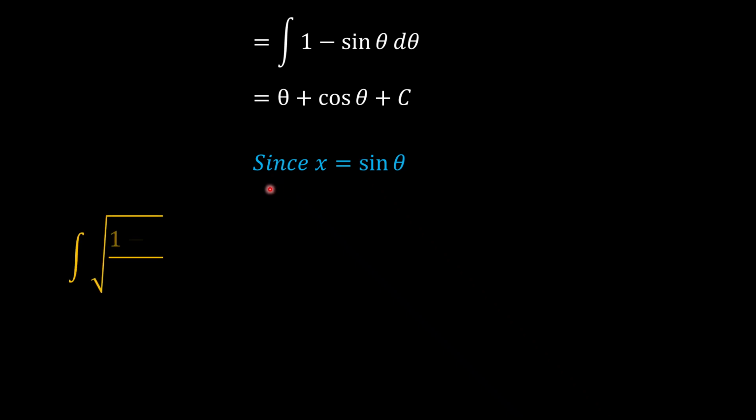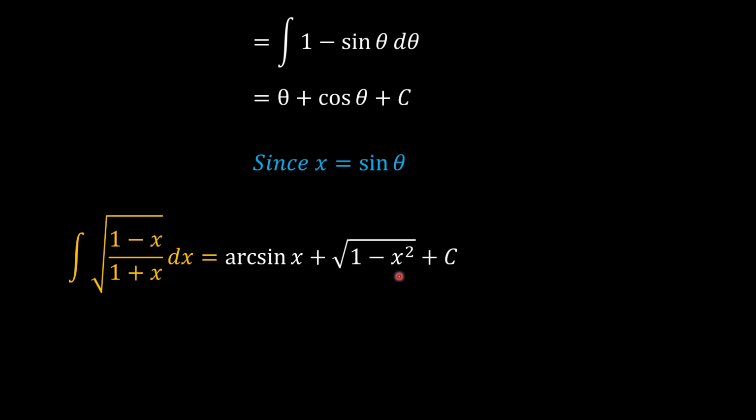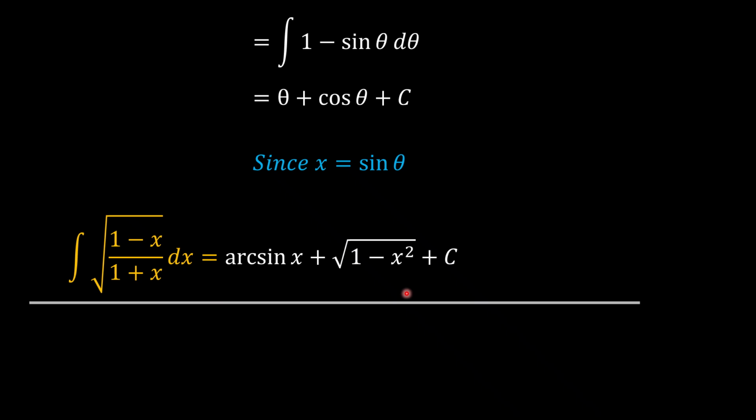So the answer for the integration here is arcsine x plus the square root of 1 minus x squared, and plus the integration constant c, obviously. So that's our answer. So on to problem number 15, the indefinite integral of the square root of x squared plus 8x.